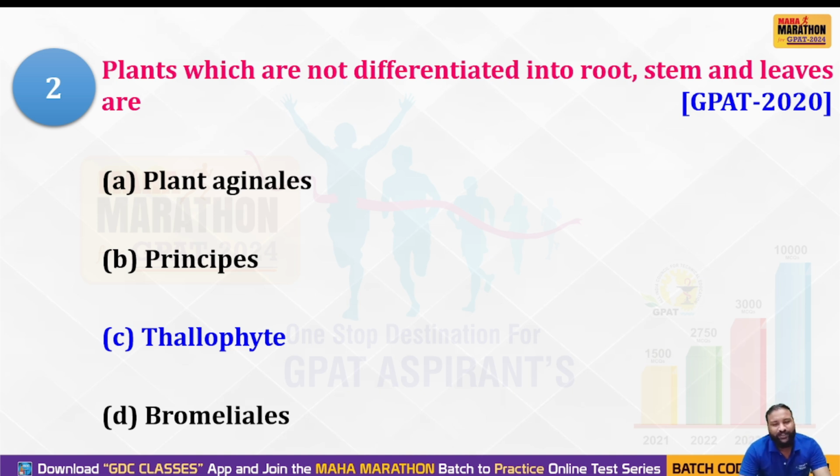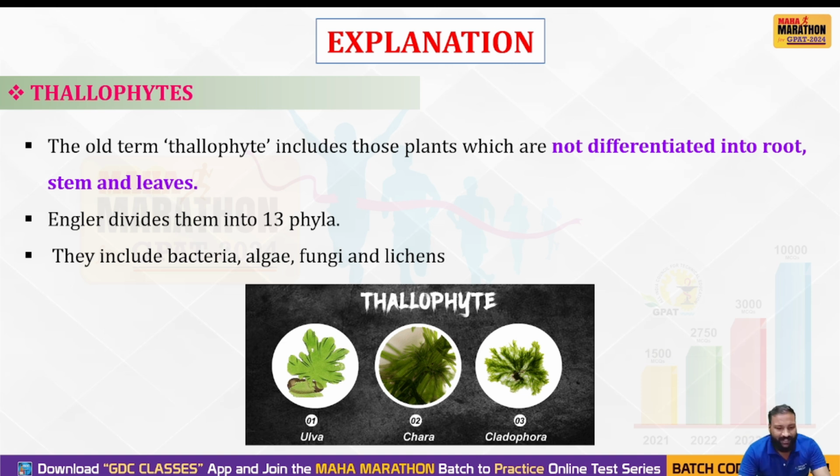These do not differentiate into plants with root, stem and leaves. They don't modify themselves into any root, stem or leaves. Engler divides the thallophytes into 13 phyla, which may include bacteria, algae, fungi and lichens.